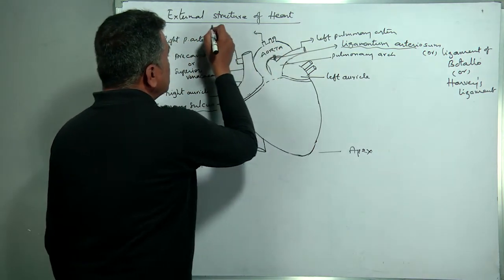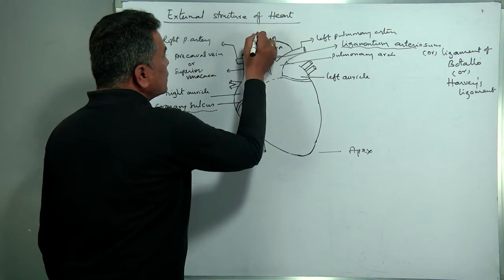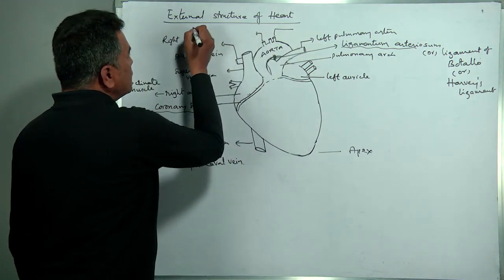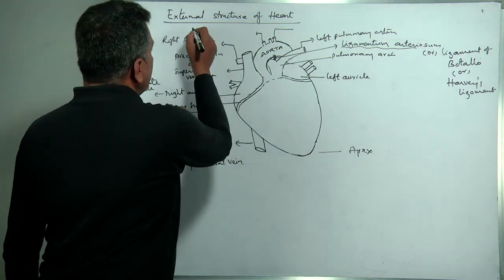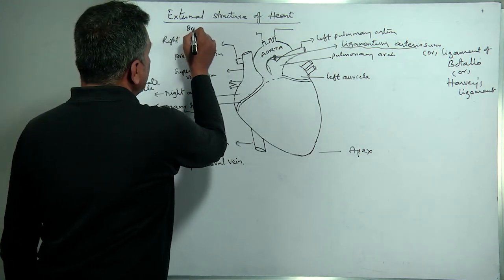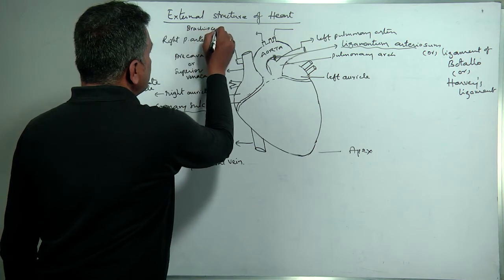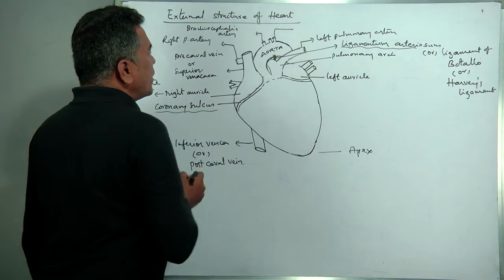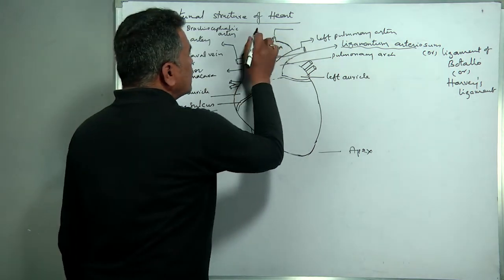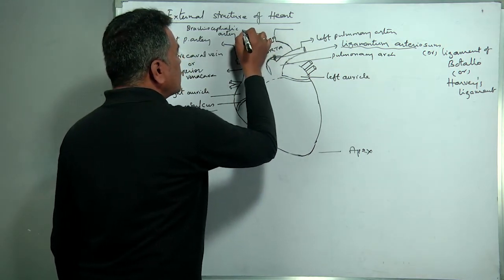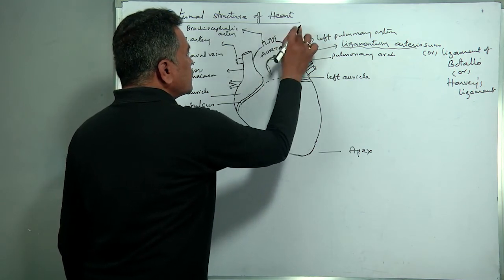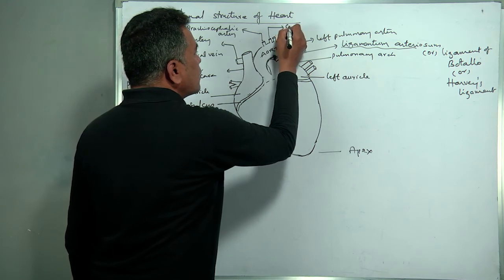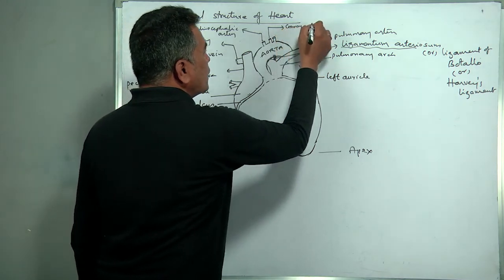We say this is the brachiocephalic artery, and this is the left common carotid artery.